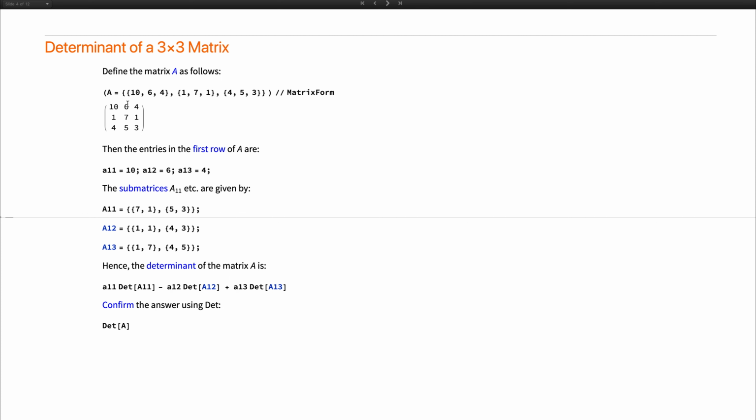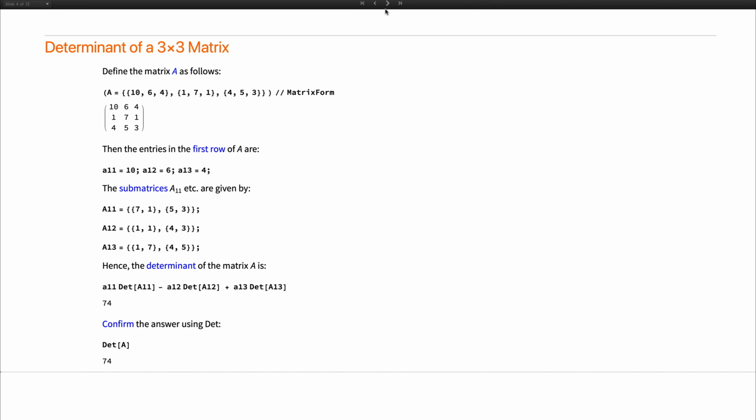Then you take the element 6 and delete its row and column, and you get the submatrix 1, 1, 4, 3. Then you do the same thing with 4, and you get the submatrix 1, 7, 4, 5. The determinant is the elements of the row times the corresponding determinants of submatrices. If you do that, you get the answer 74, and you can check the answer with det to get back the same number.